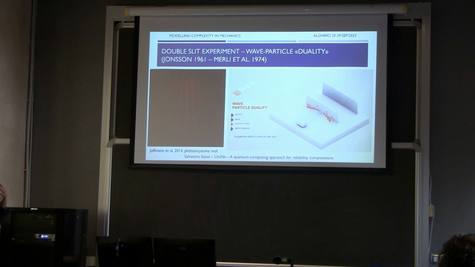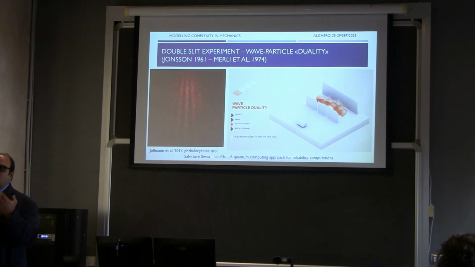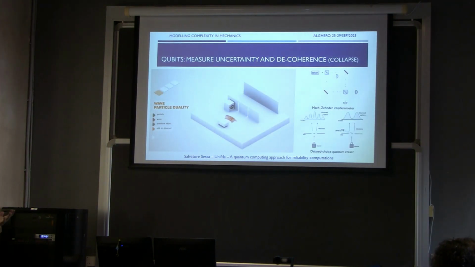And as I said before, when we make measurements, meaning that we interact with quanta, then we irreversibly alter their state. This can be observed if we set a measurement system just before the two slits. When we perform a first measure here and a second measure here, we lose the interference pattern.